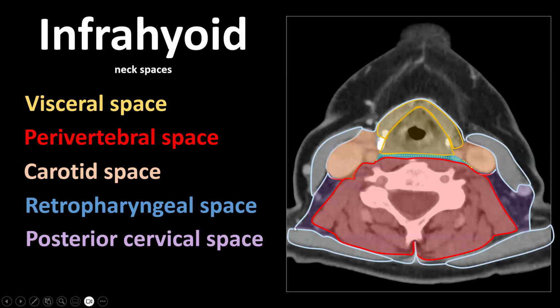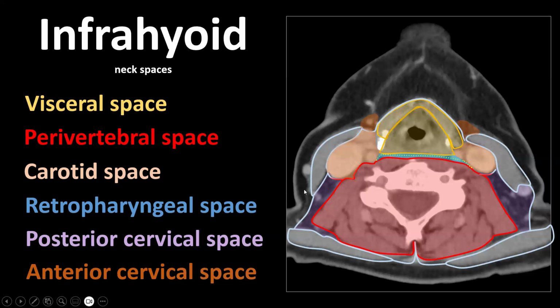Finally, well, not finally, almost there, we also have the posterior cervical space, which is a space bordered by the superficial layer laterally and the deep layer medially, which is located behind the carotid space and which mainly contains fat and lymph nodes. So this is the posterior cervical space.